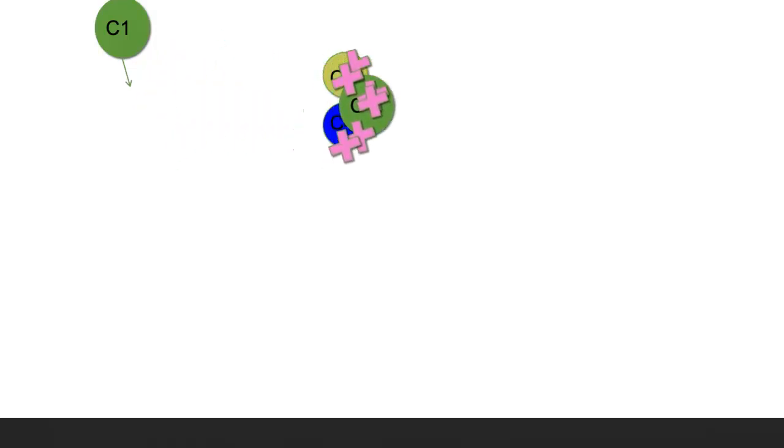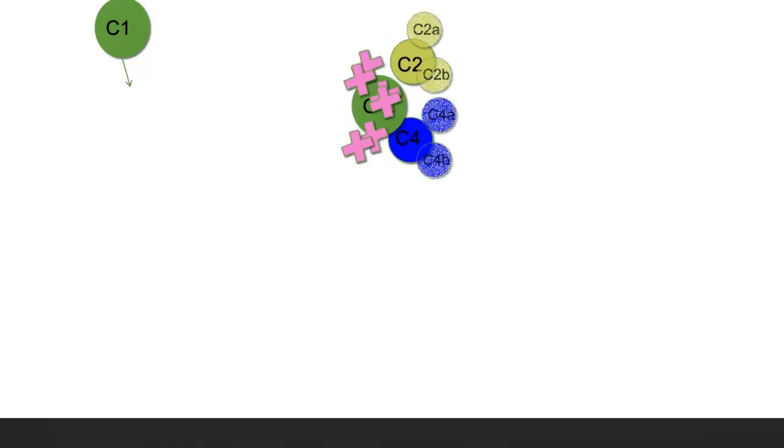And when it does that, we create an enzyme, and then it can travel over to C2 and C4 to create another complex that is then going to cleave C2 and C4 into C2A, C2B, and C4A and C4B.